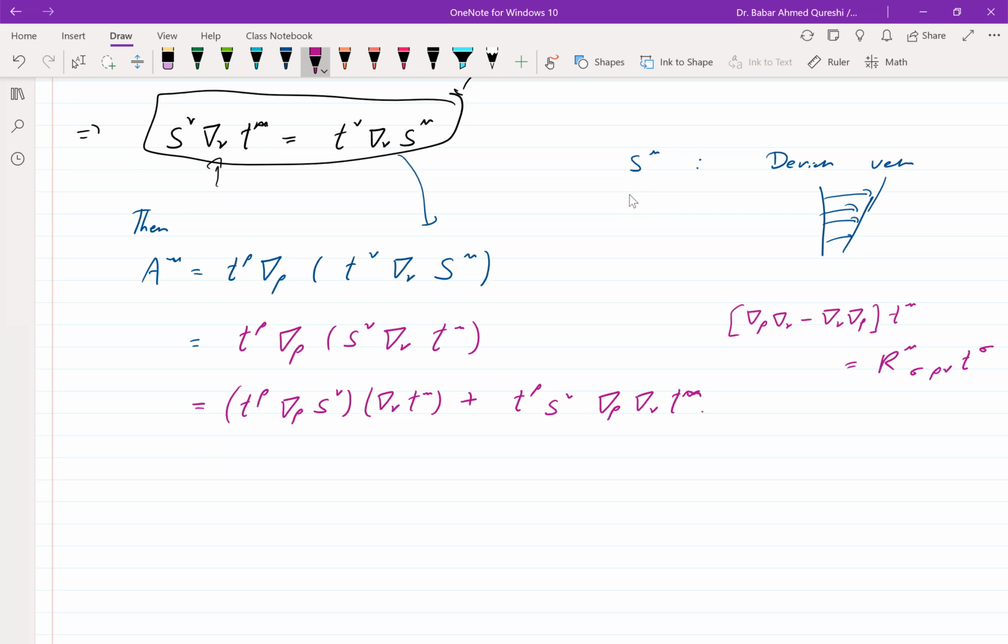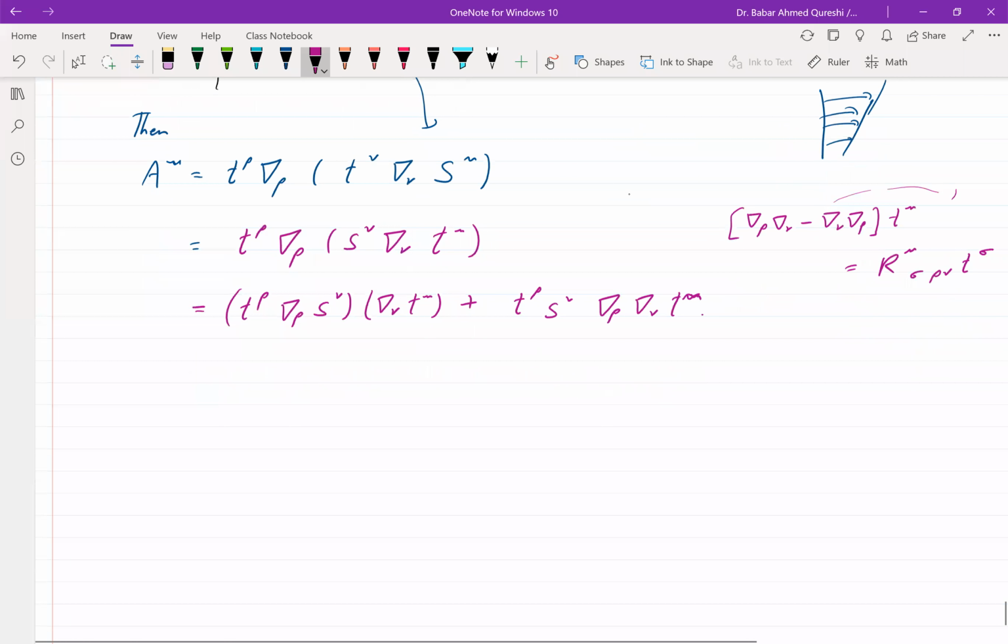So I have d rho d nu over here. I just bring this to the other side and replace it to bring the Riemann tensor in over here.